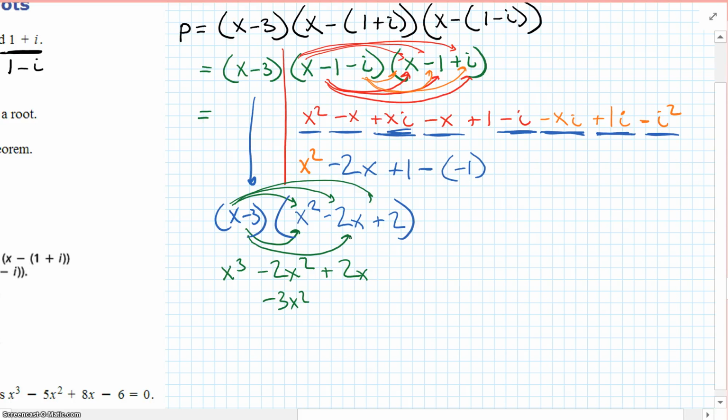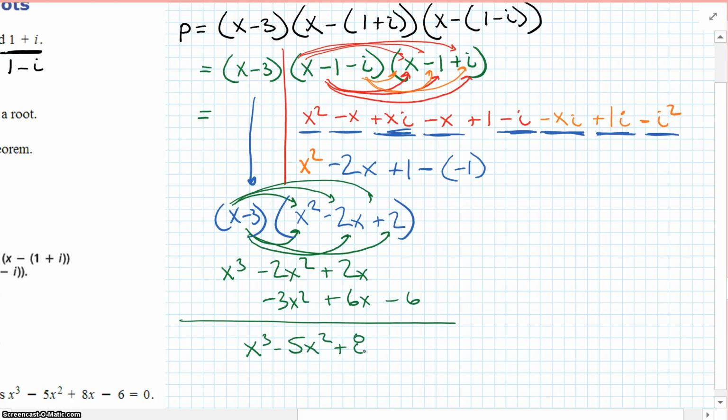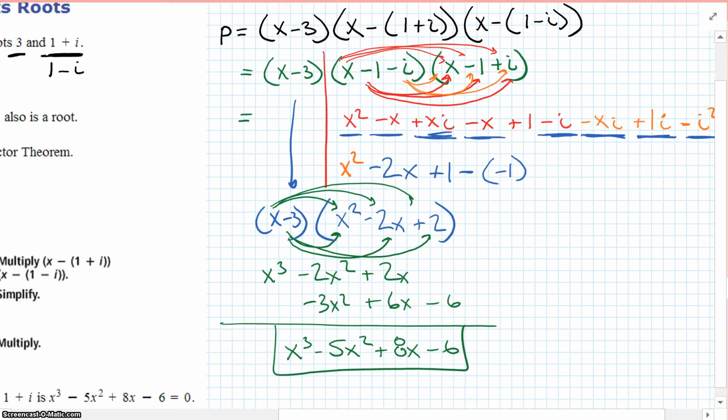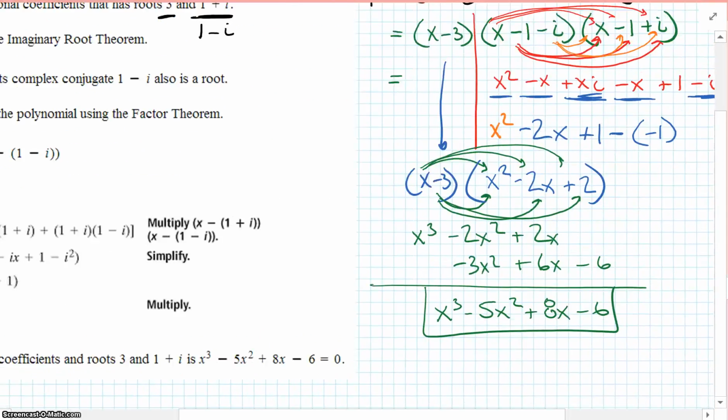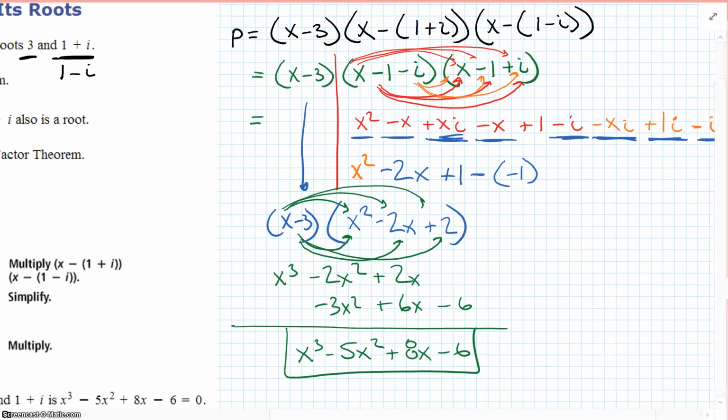Negative 3 times negative 2x is positive 6x. Negative 3 times positive 2 is negative 6. Sum like terms. So I get x cubed minus 5x squared plus 8x minus 6. So there we go. So that is the third degree polynomial.